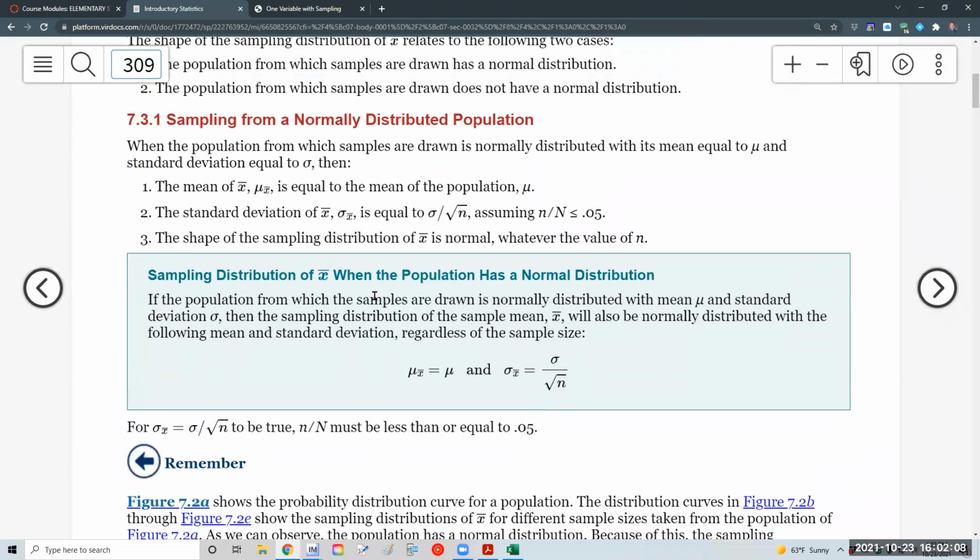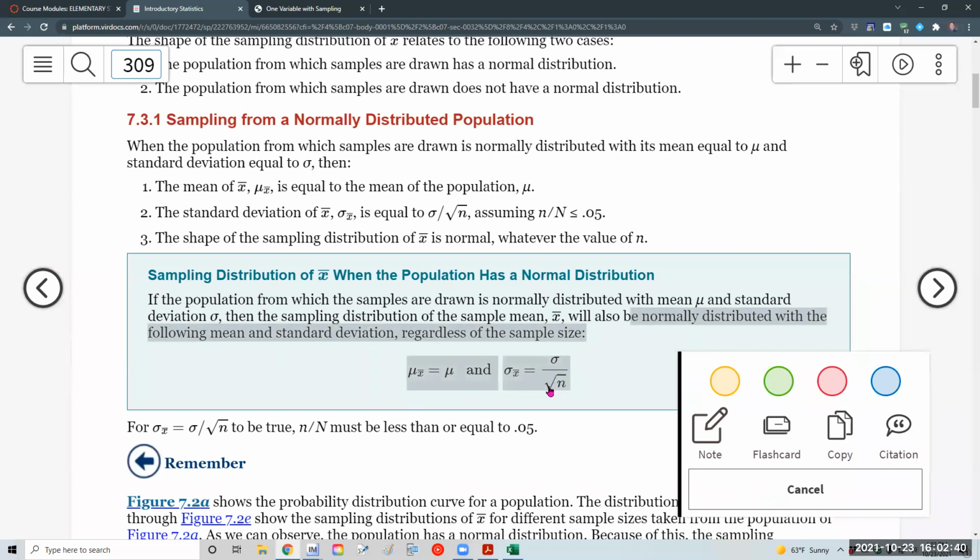Okay, so there's a couple of cases to consider. The first case is when your population is normally distributed. Assume for a second your population is normally distributed. If the population from which the samples are drawn is normally distributed with mean mu and standard deviation sigma, then your sampling distribution of sample means, x bar, will also be normally distributed, where the mean and standard deviation of the sampling distribution are given by those formulas that we know and love.